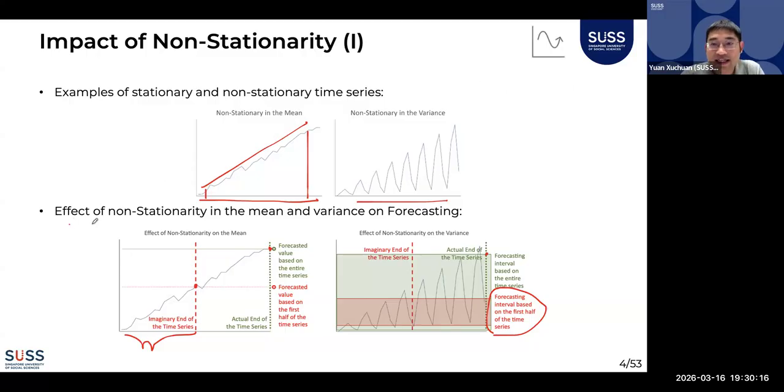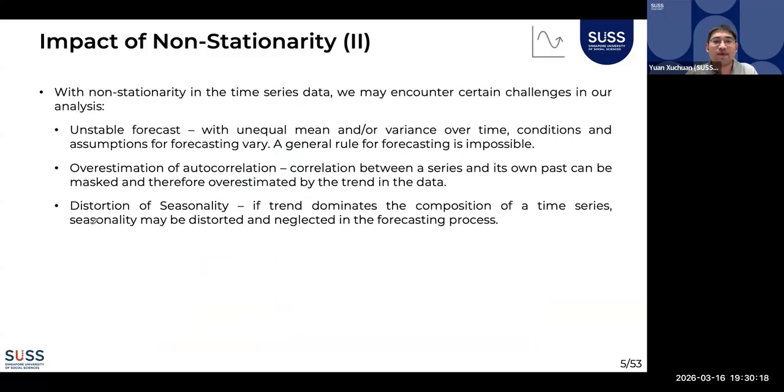So this is why we need the data to be stationary, and we need to ensure the constant mean and variance so that we can ensure the forecasting errors or margins are within the acceptable range.